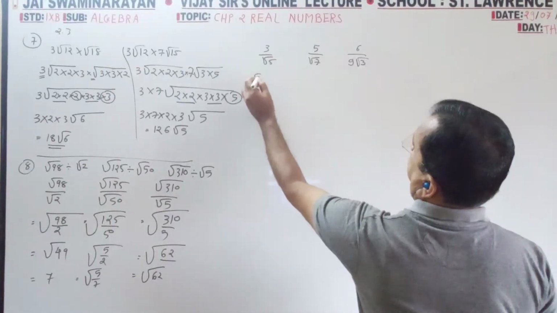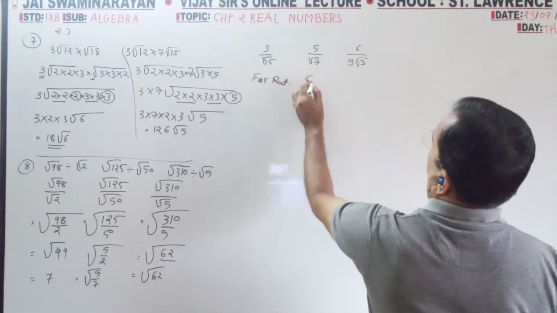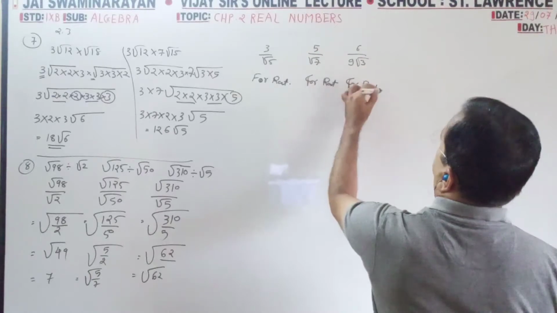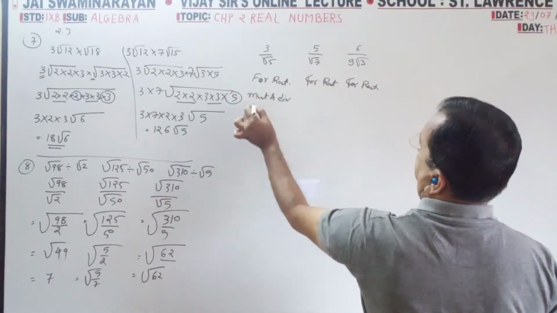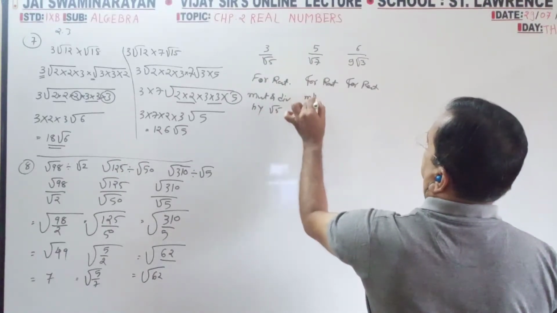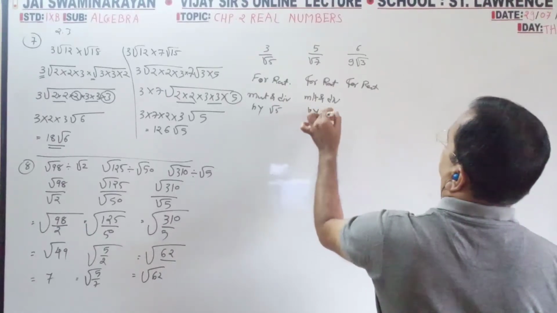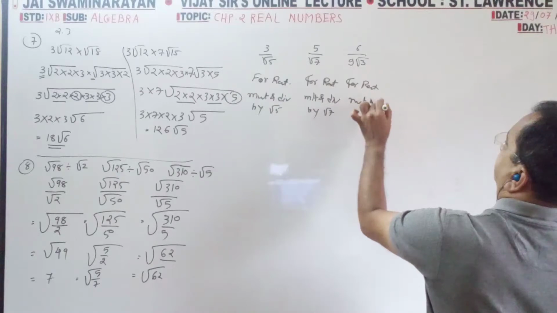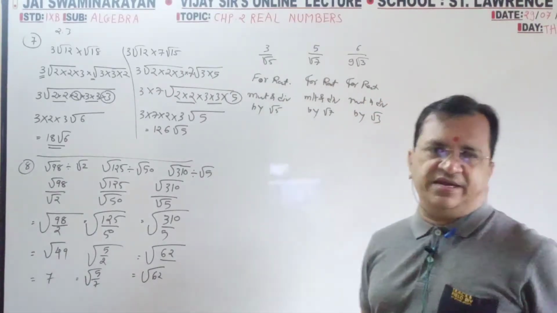For rationalize, multiply and divide by root 5. Multiply and divide by root 7. Multiply and divide by root 3 only, not 9.